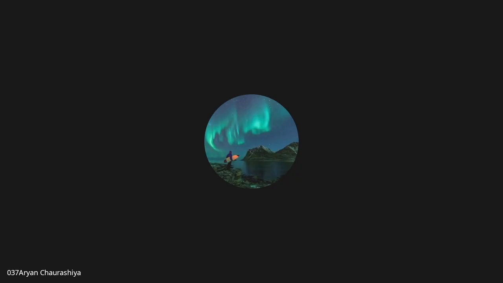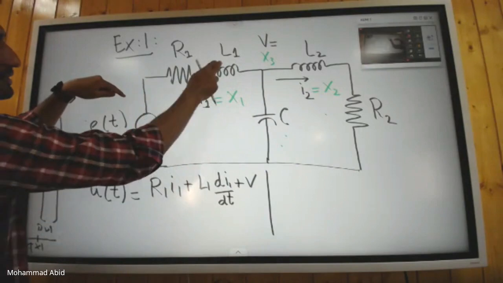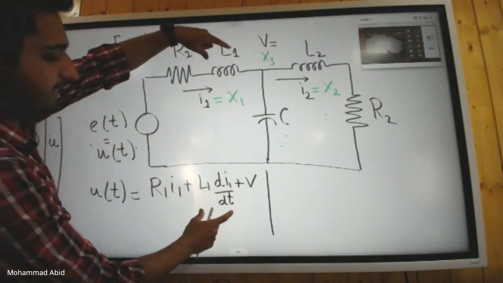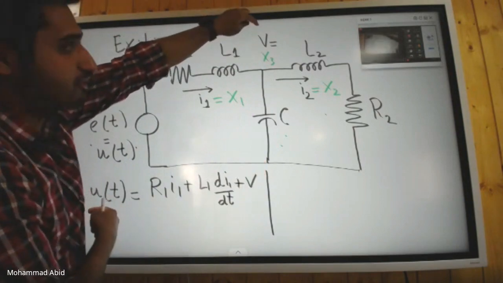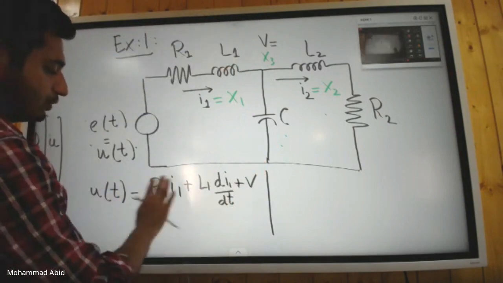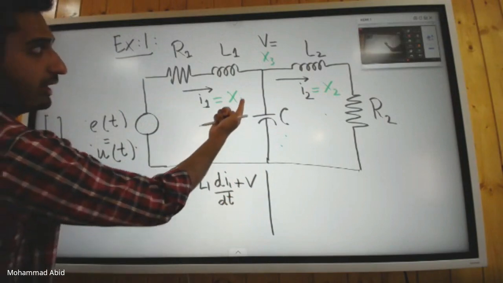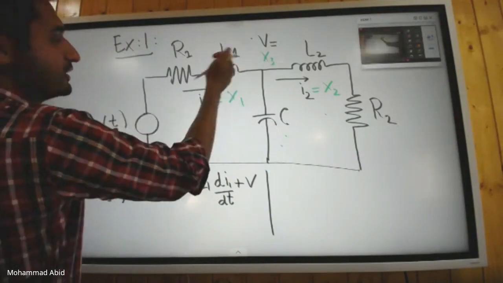Yes, sir. I'm just applying KVL in this first loop. This is R1 I1, this is L di by dt for the inductor, and this potential is V that I already mentioned. Now I don't want these parameters I1 and V, because I labeled I1 as X1 and V as X3. So instead of I1, I will use X1, and instead of V, I will use X3.